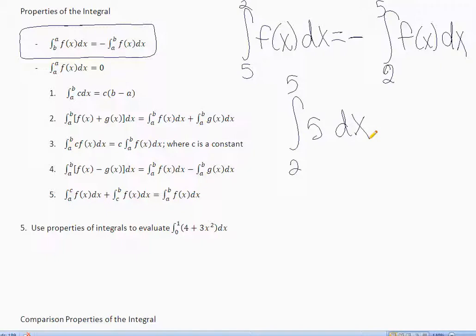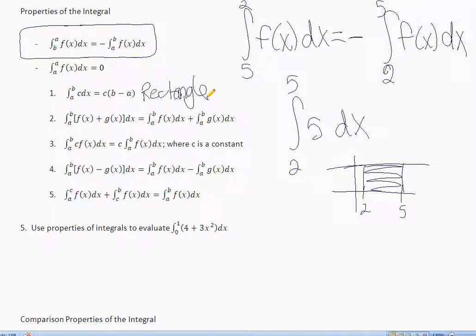That's saying find the area under the horizontal line 5 from 2 to 5. It's just going to be a rectangle. This is just saying you have a rectangle. How do you find the area of the rectangle? Well, it's just that C, this value, times the difference between these two, just length times width.